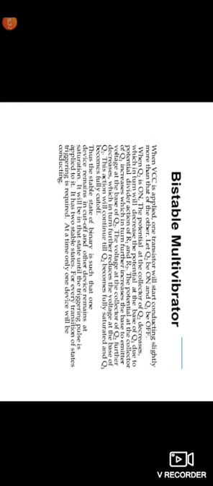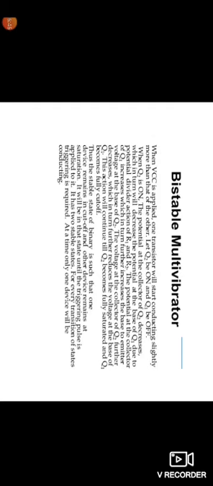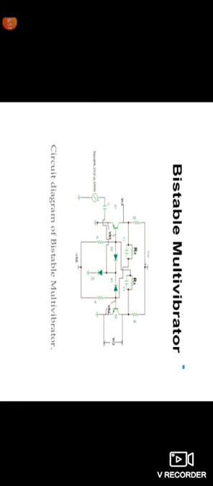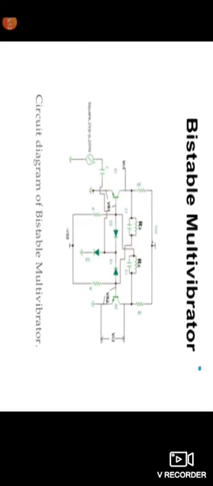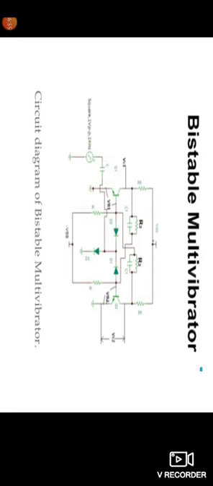It has two stable states. For every transition of the state, triggering is required. At a time only one device will be conducting. Here in the circuit, Q2 will be in the on state. It acts as a closed switch, connecting the ground side and VCC to point A2.